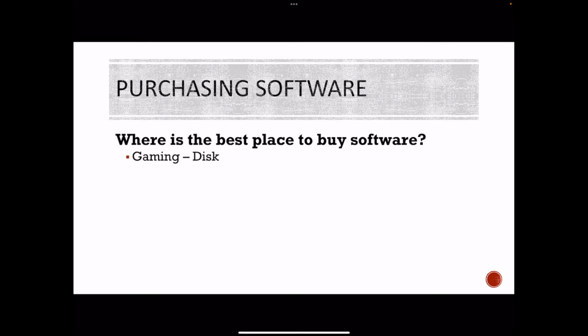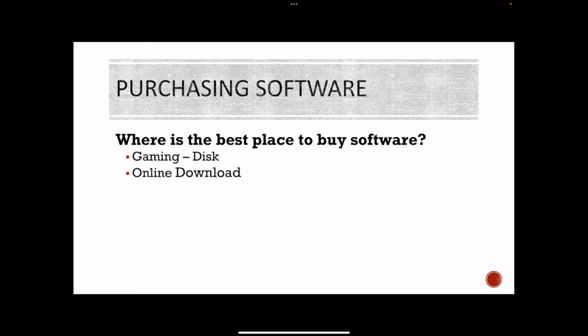If you have a machine with an optical drive like a DVD or a Blu-ray reader, you may want to go to a brick and mortar store for your software. Software for gaming consoles are sold on discs, for example. However, the most popular way to purchase software now is through an online download.